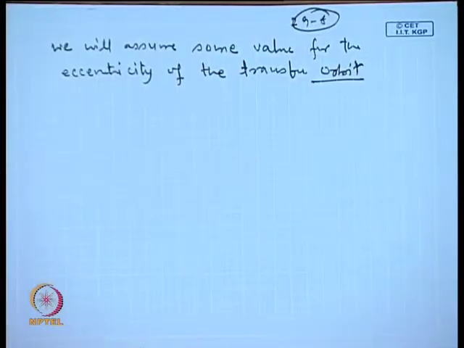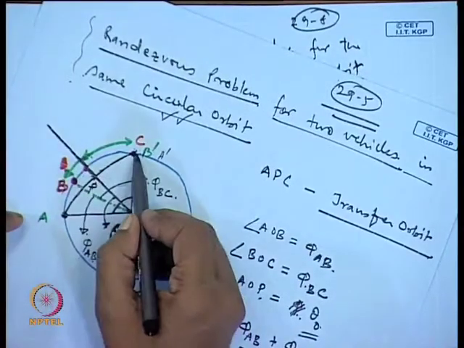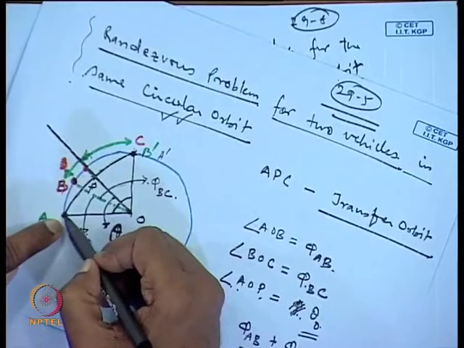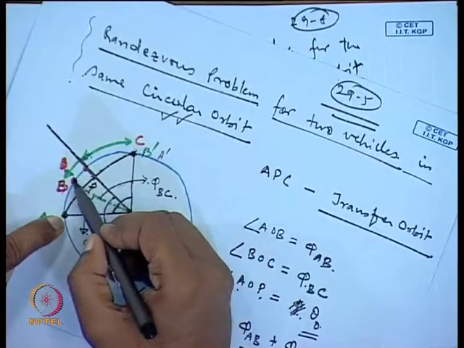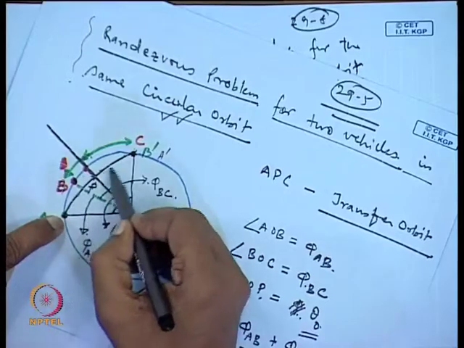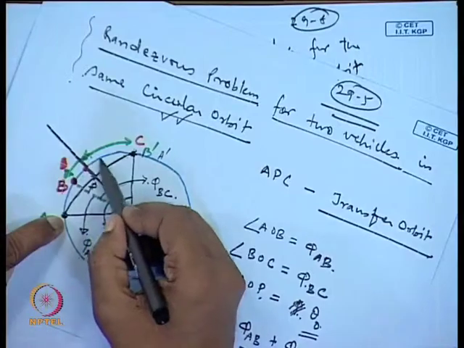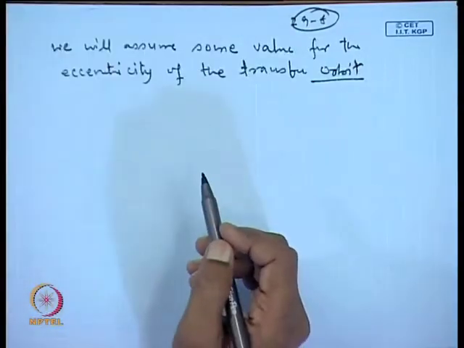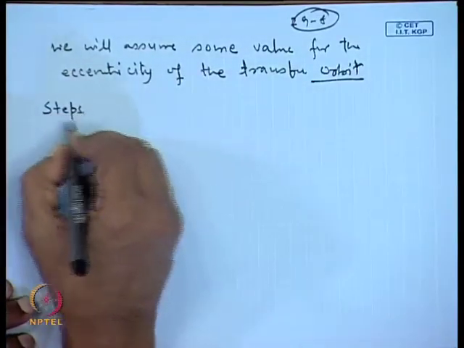Here information is not complete, and therefore, you assume the eccentricity, and try to find out the time involved in the transfer. So, whatever time B takes to reach C, and A takes to reach C again, these two times should match up. So, this has to be done by the iterative procedure.